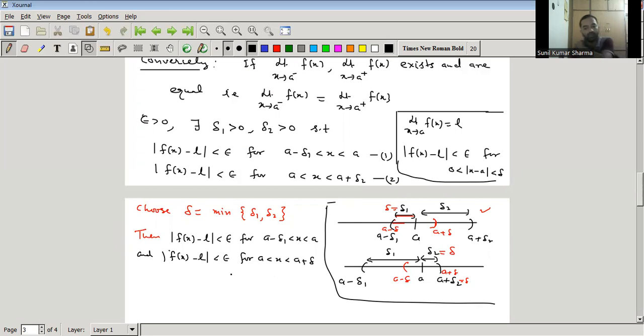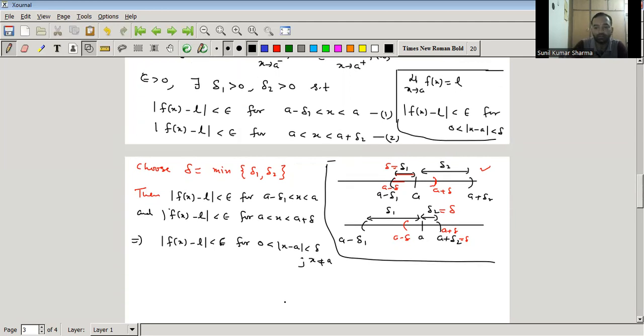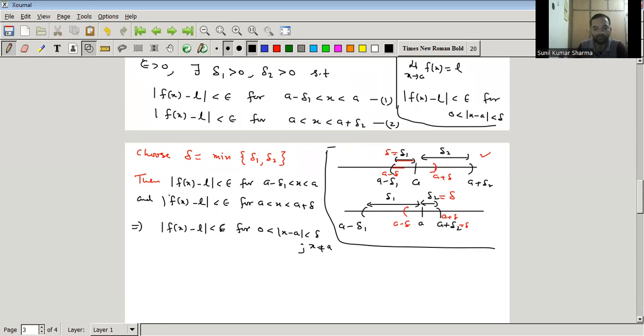So when we combine, this implies mod f(x) minus L is less than epsilon for 0 less than mod x minus a less than delta, x not equal to a. By the epsilon-delta definition of limit, we can say the limit as x goes to a of f(x) is equal to L, henceforth.